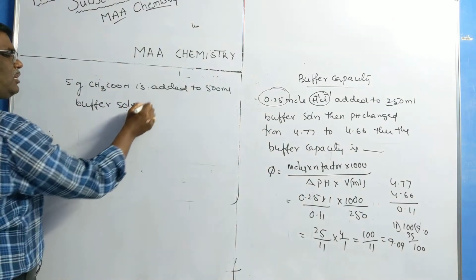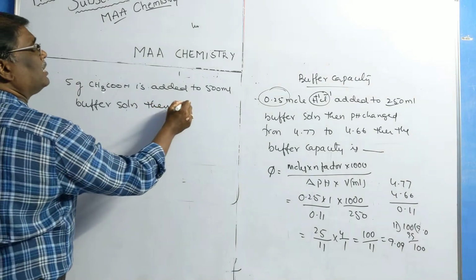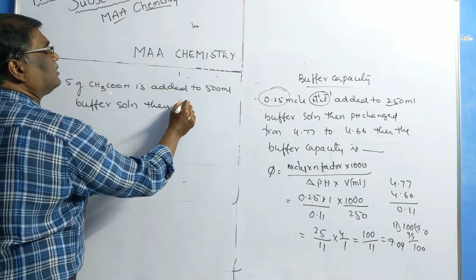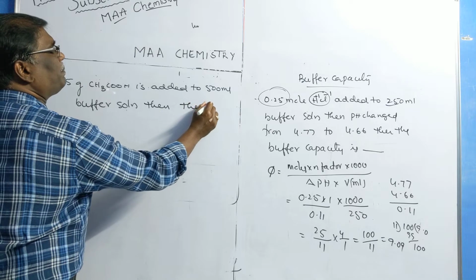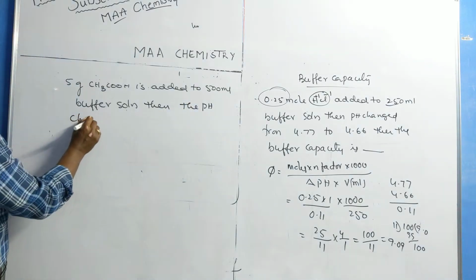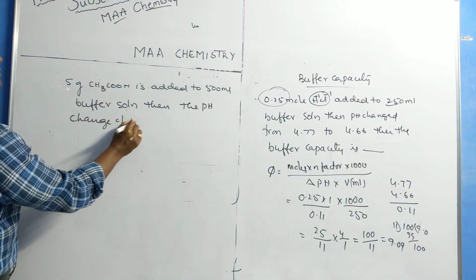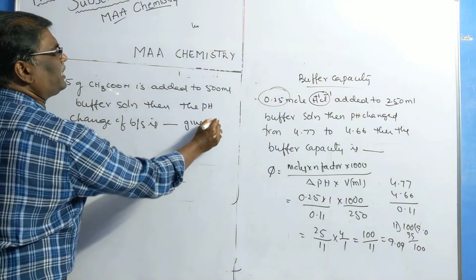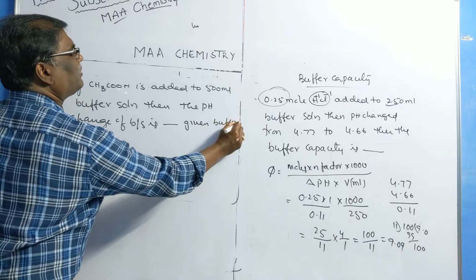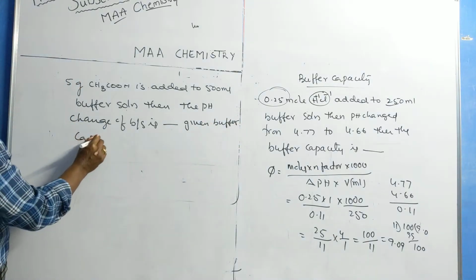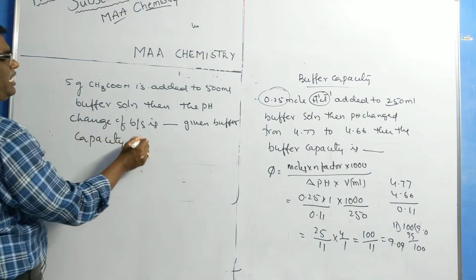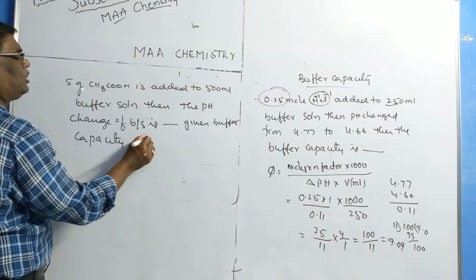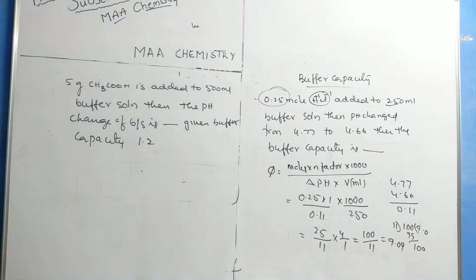Then the pH change of the buffer solution is what? The buffer capacity is given as 1.2.